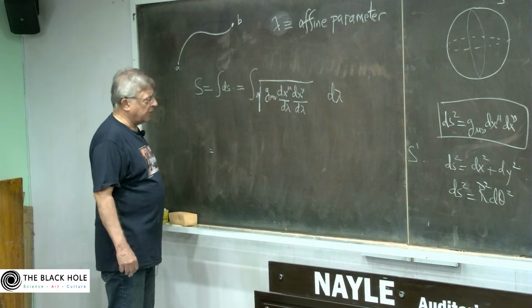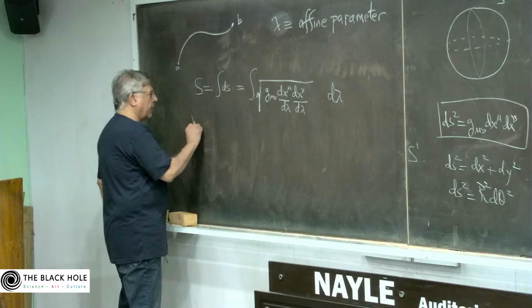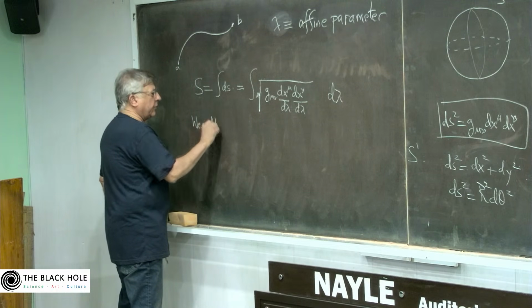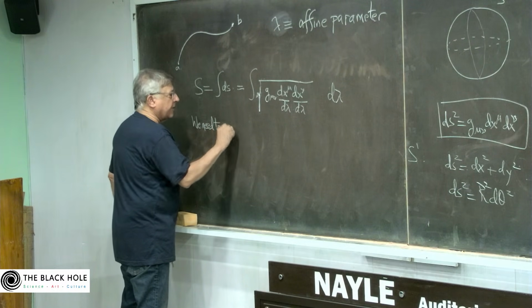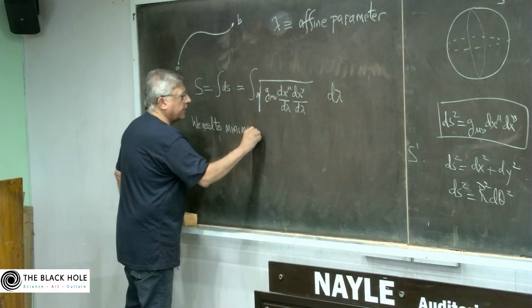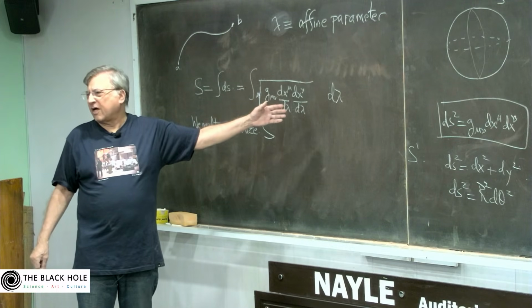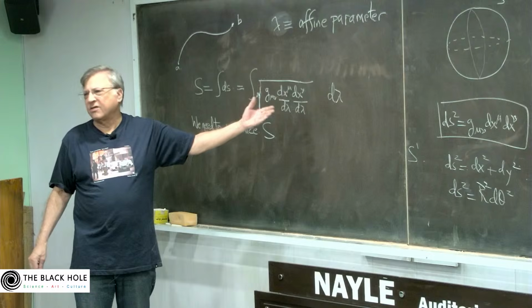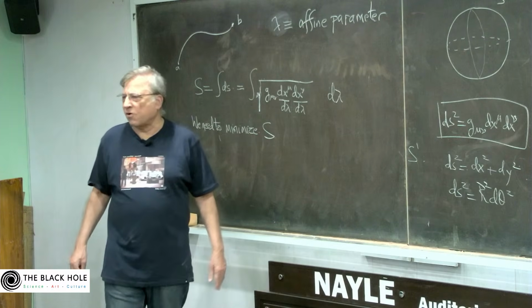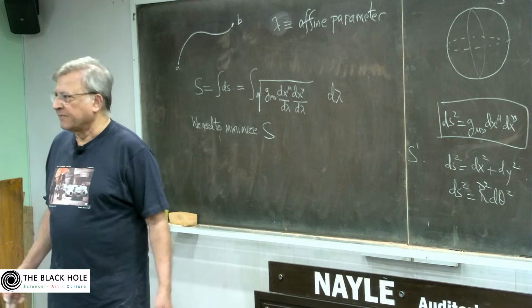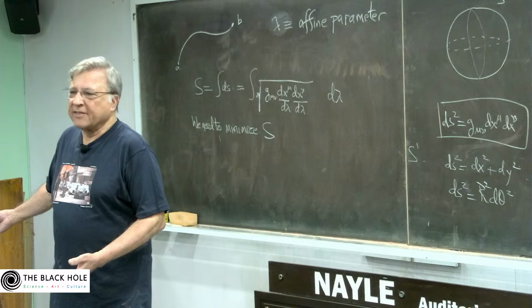Okay, so what we need to do then is minimize S. Now this square root over here, you don't like it very much. I wish the square root was not there. And if I'm going to minimize this, why don't I minimize its square?